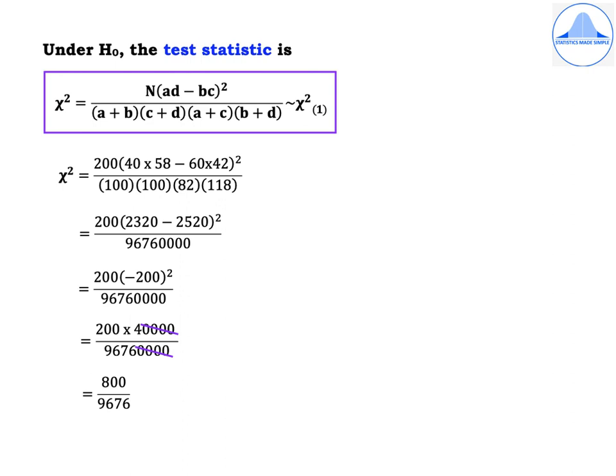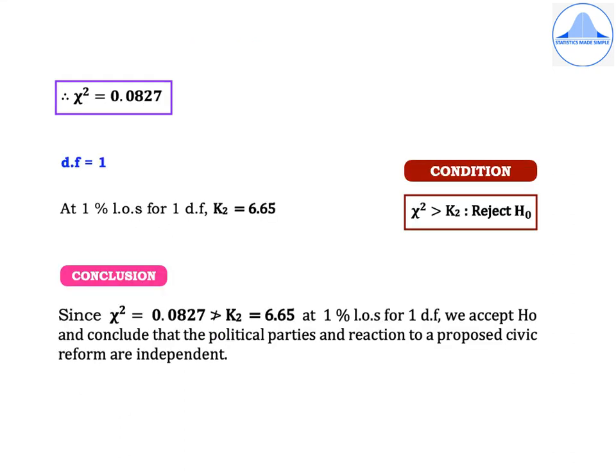On further simplification, the last step in this slide, we get chi-square equal to 800 divided by 9676. So we get chi-square equal to 0.0827.